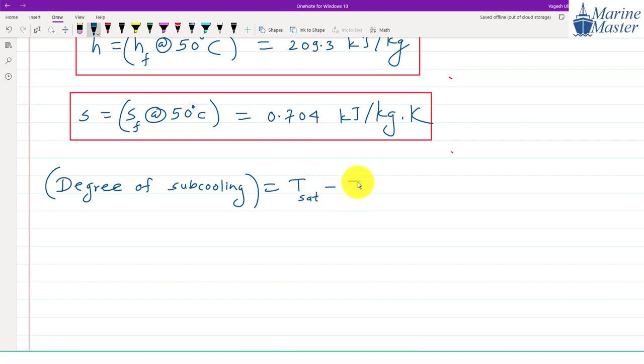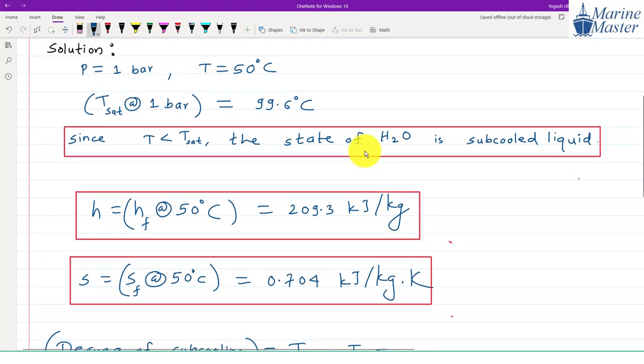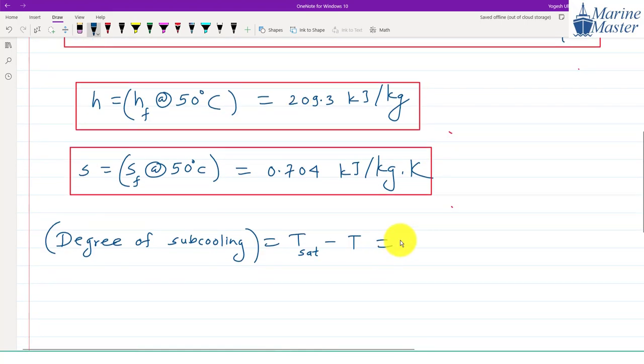Saturation temperature minus temperature. And how much is the saturation temperature here? 99.6, see, it is a property. So 99.6 degrees Celsius. And the temperature is 50 degrees Celsius. So what will be the value of degree of subcooling?